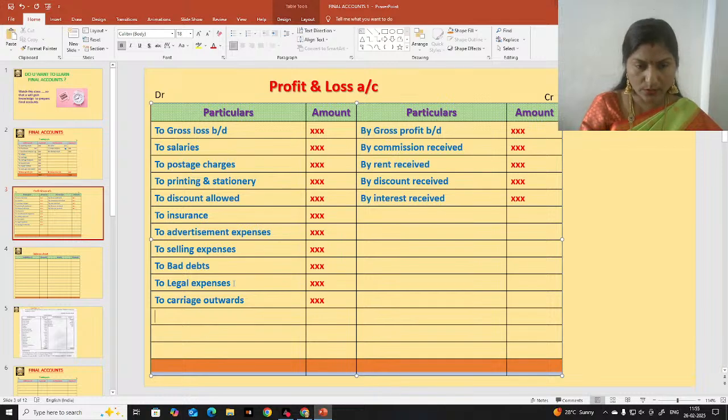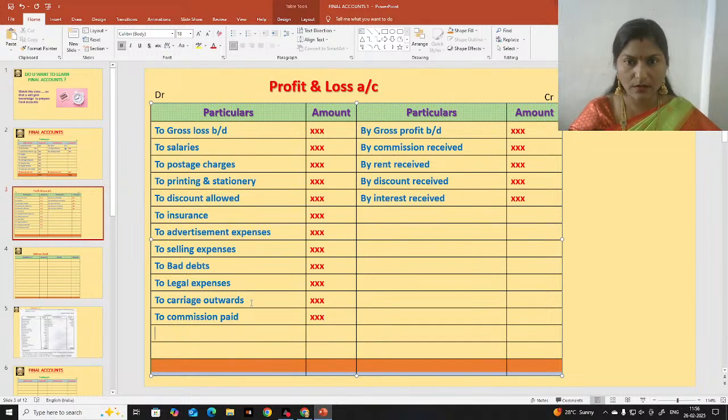Okay, so this is the next item, carriage outwards. Next, to commission paid. Next, to rent, rates and taxes.